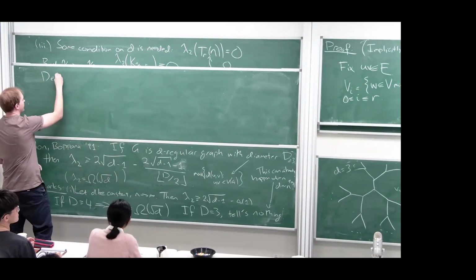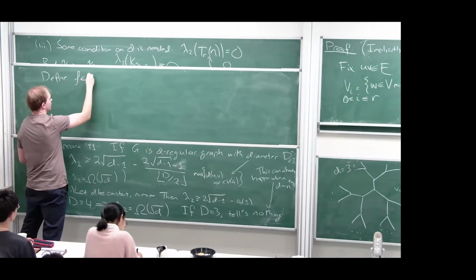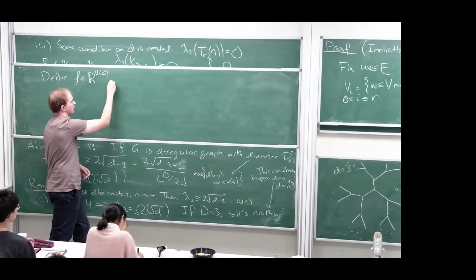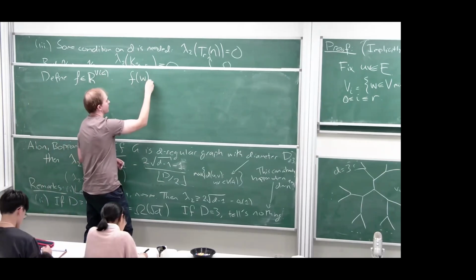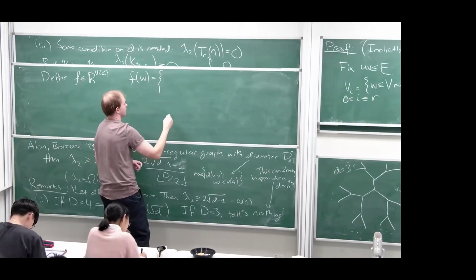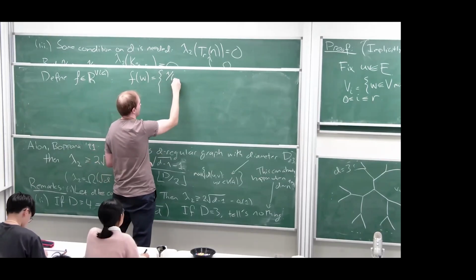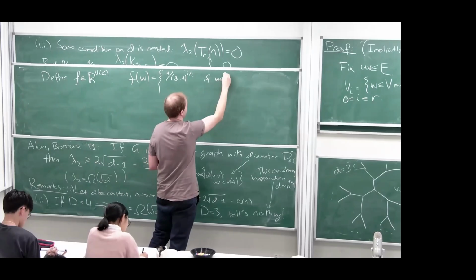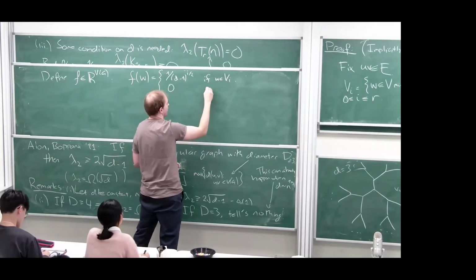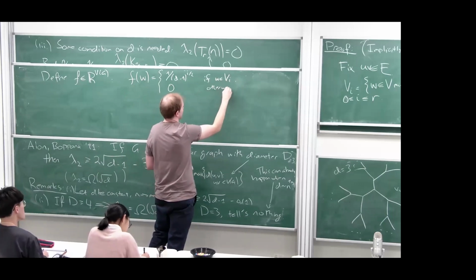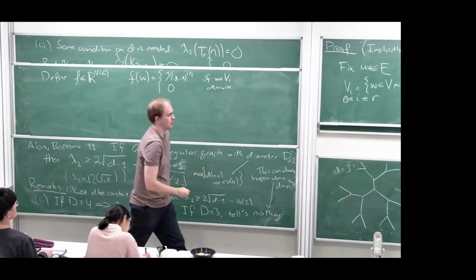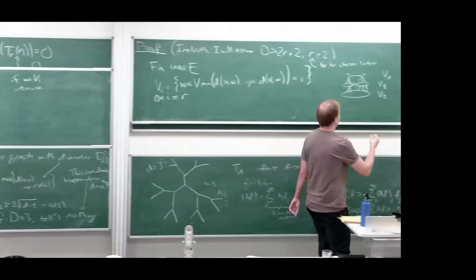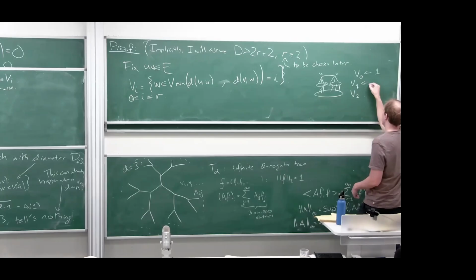And we define a vector f such that its W's coordinate is (1 over D minus 1) to the i divided by 2 if W is in Vi and 0 otherwise. Basically meaning that here we assign weight 1, here we assign weight 1 over D minus 1, here we assign weight 1 over D minus 1, and so on.